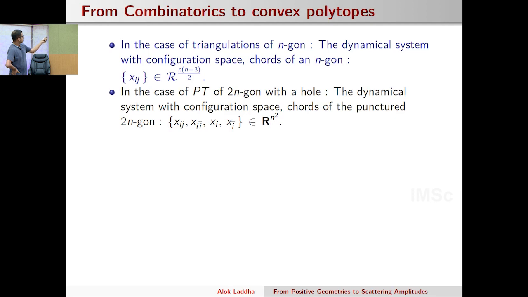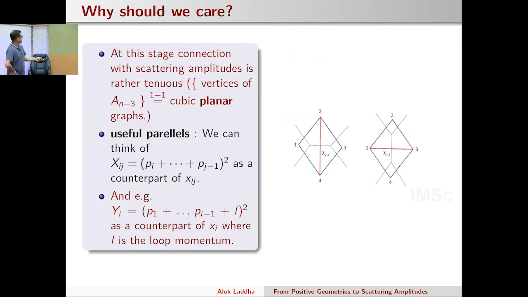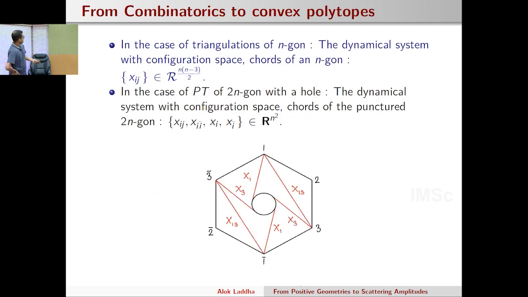Similarly, if you take a pseudo-triangulation, PT just stands for pseudo-triangulation, of a 2n-gon, then again there are n squared possible chords you can draw, and with each such chord we can associate a real variable. And the labels indicate where you go from and to. So ij means you go from an external vertex i to j. So when you write xi, it's the chord which is going from 1 to the left of the annulus, or from 1 bar to the right of the annulus.